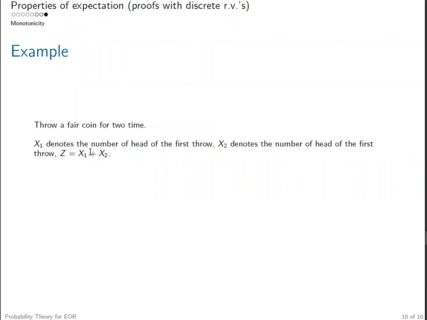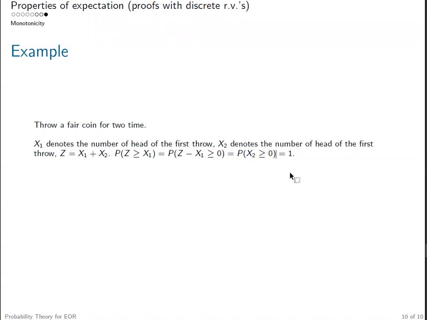So z as a summation of x1 with some non-negative random variable, x2, which only takes values 0 and 1, we know with probability 1 that z will be larger or equal to x1, because x2 only takes value 0 or 1.